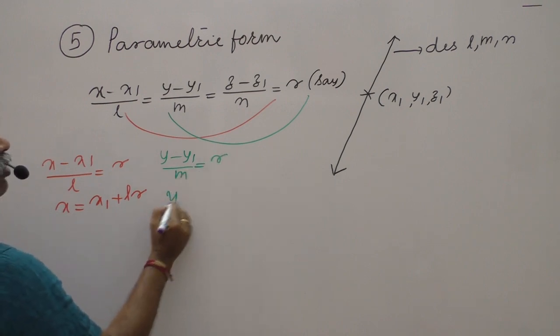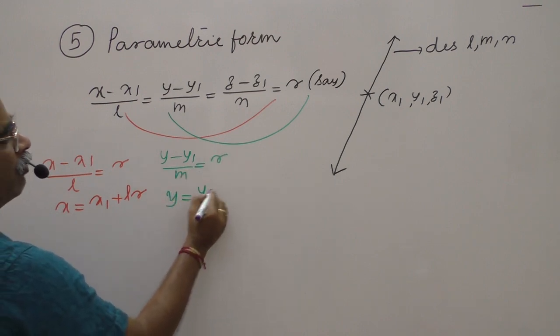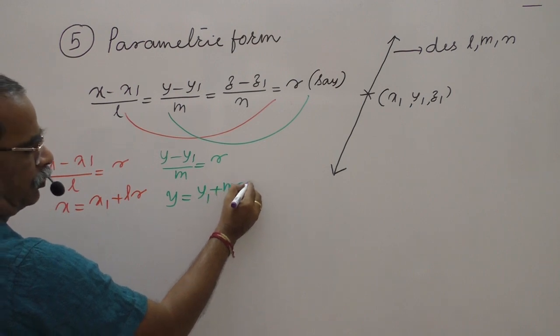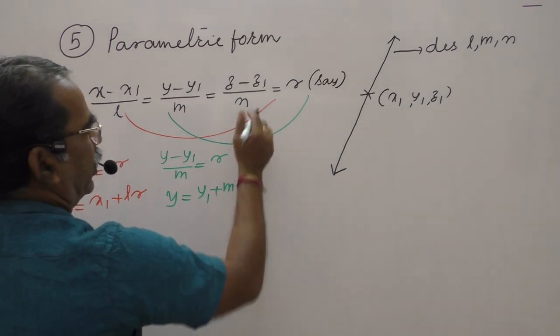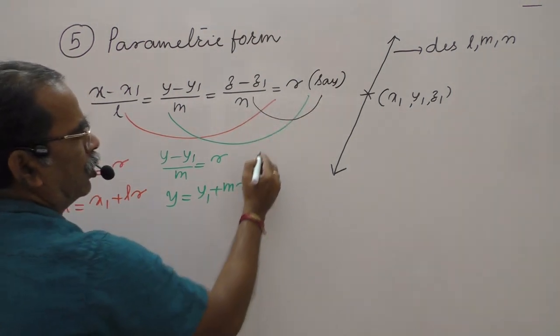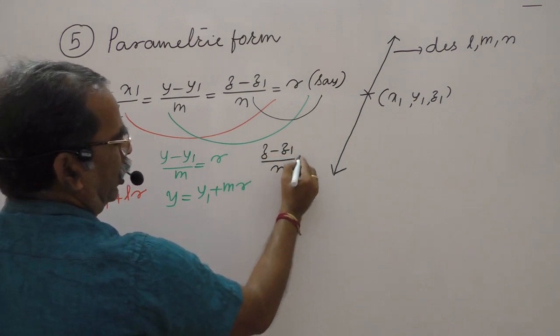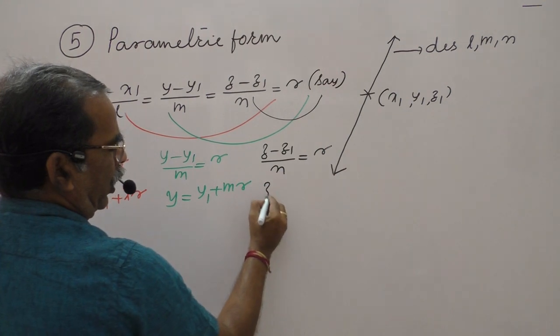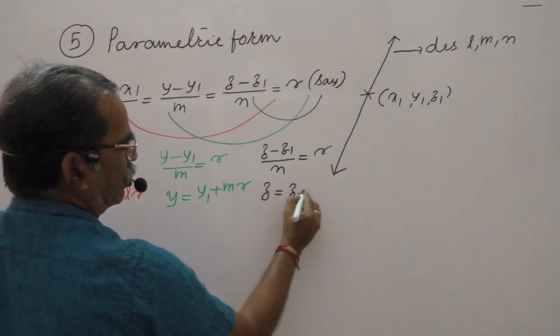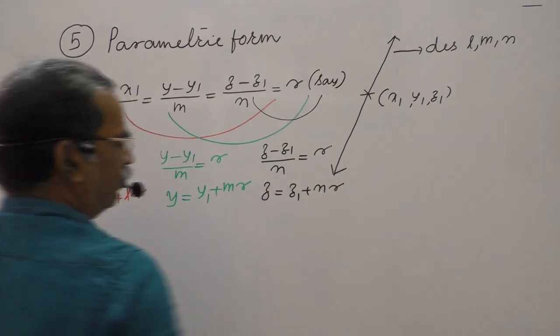This implies y is equal to y1 plus mr. Also by taking this and this, (z minus z1) by n is also r, implies z is equal to z1 plus nr.